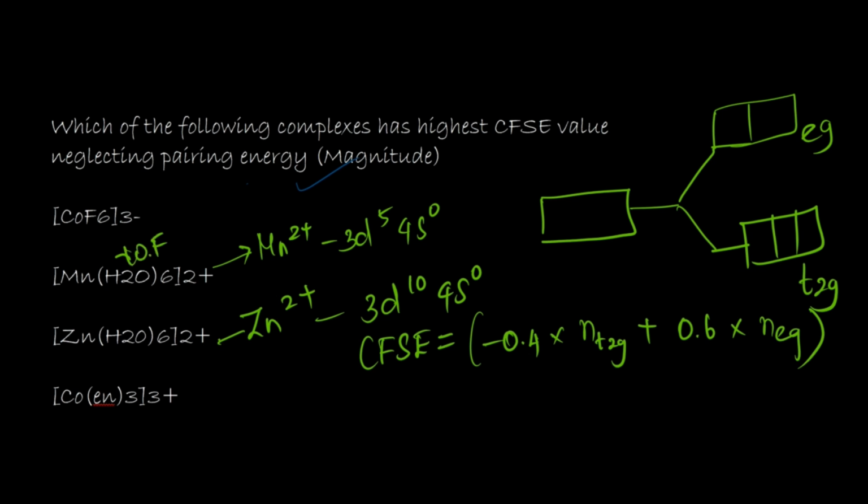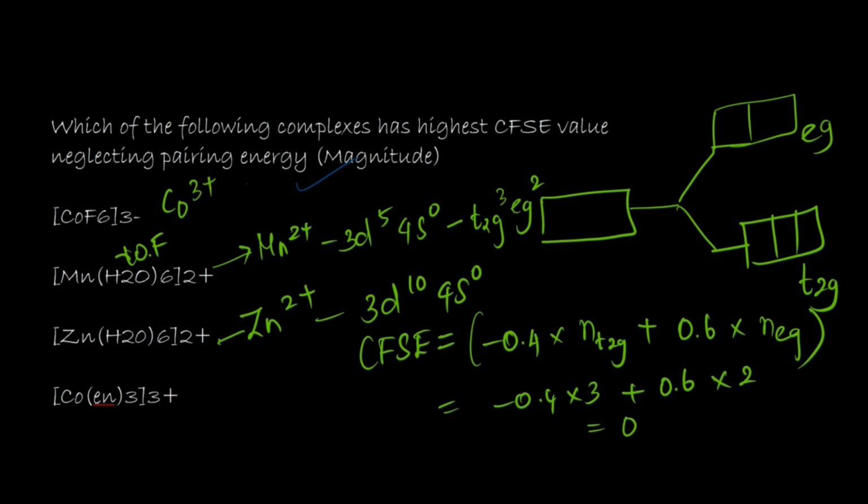So first this will form T2G3 EG2. And what answer will you get? -0.4 into 3 plus 0.6 into 2, which is -1.2 plus 1.2, 0. Then comes CoF6 3 minus, which has cobalt in the 3 plus oxidation state.